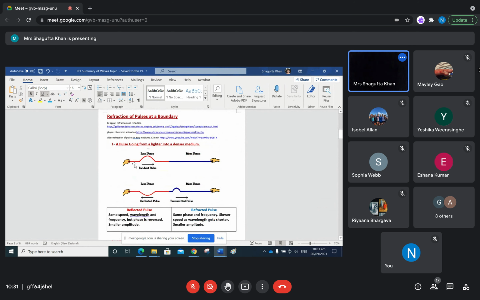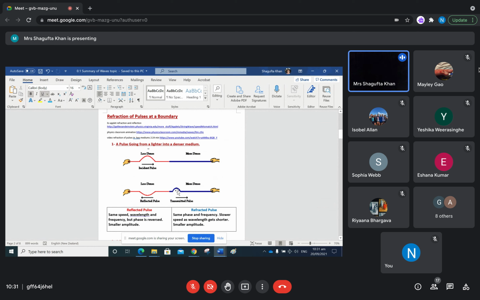So, a pulse is moving from a less dense to a more dense medium. Denser medium means it goes slower in this medium, and that's the junction. So when this pulse goes into this one, part of it is refracted, or we call it transmitted, and part of it comes back.